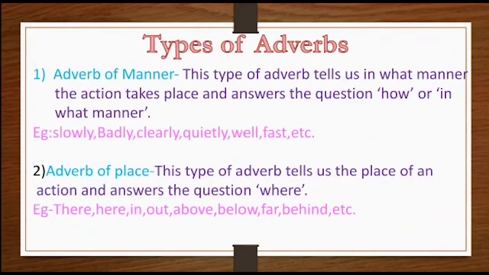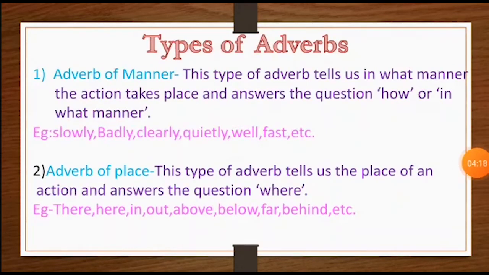The first category is the adverb of manner. So what is the adverb of manner? This type of adverb tells us in what manner the action takes place and answers the question how or in what manner.